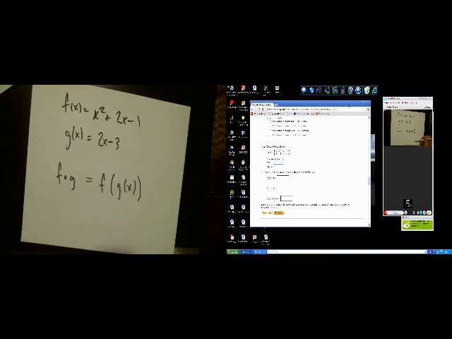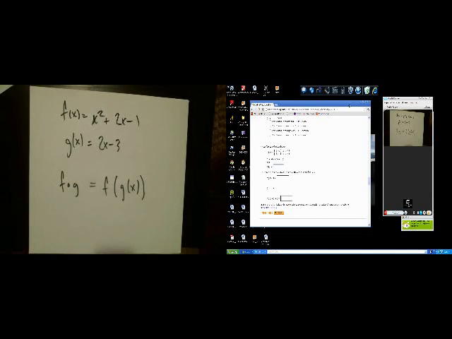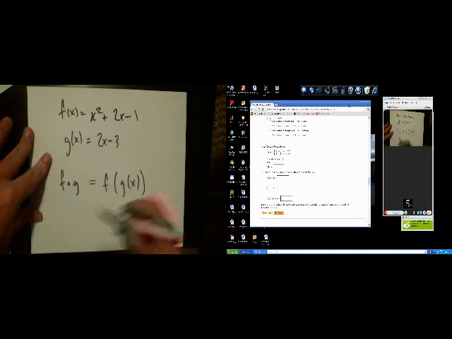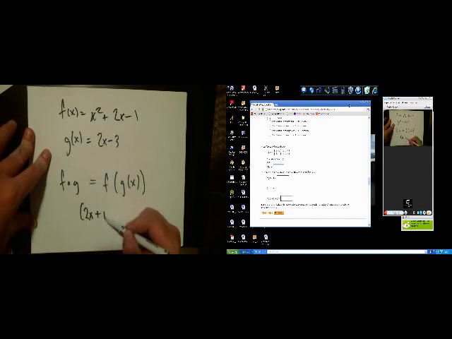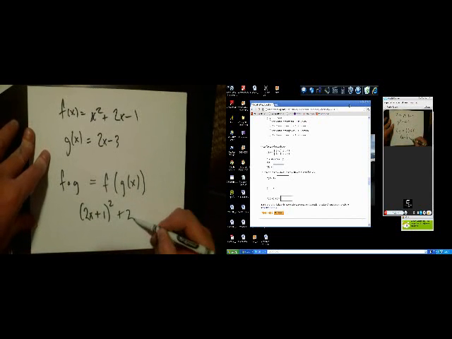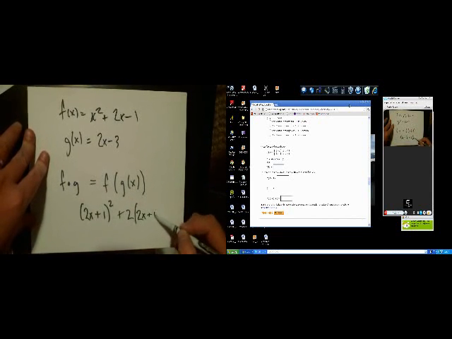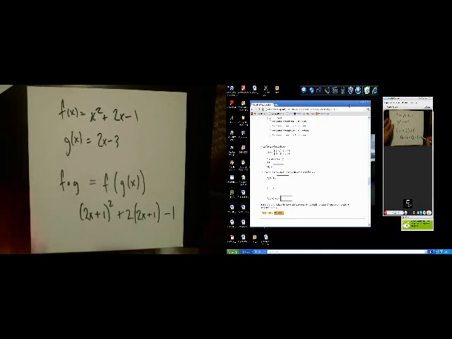You plug it in for x in the f of x function, and you just work it out. So this would be 2x plus 1 squared plus 2 times 2x plus 1 minus 1.